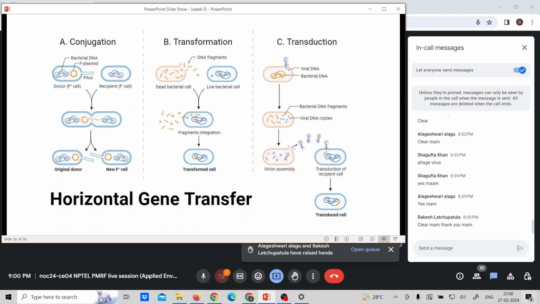So is this fine, or are any changes required in the mode of delivery? We generally have some questions, I wait for the answers, and finally we discuss the concept of that question. That's what I did this week also. Is that fine? Right.